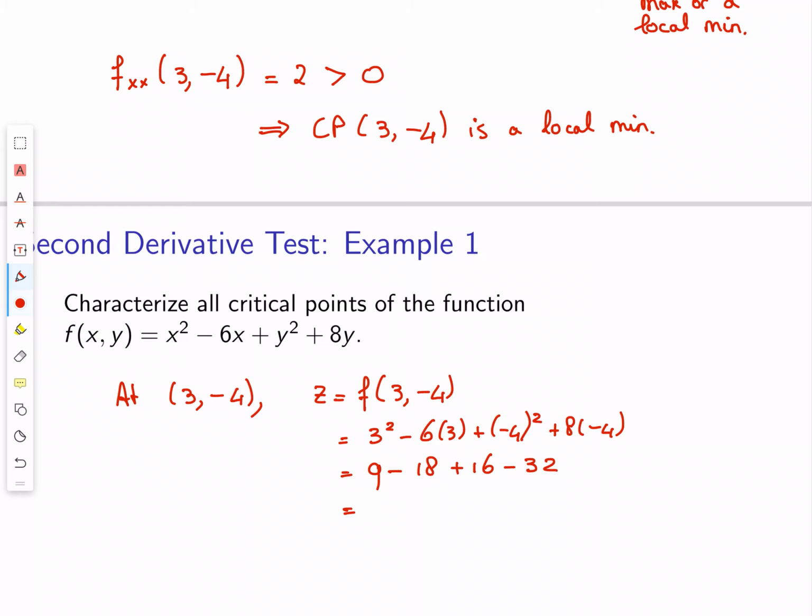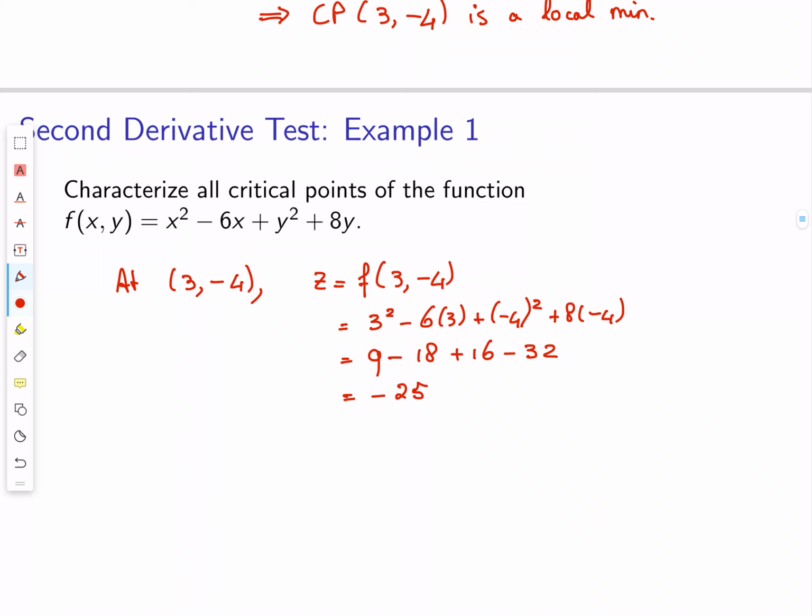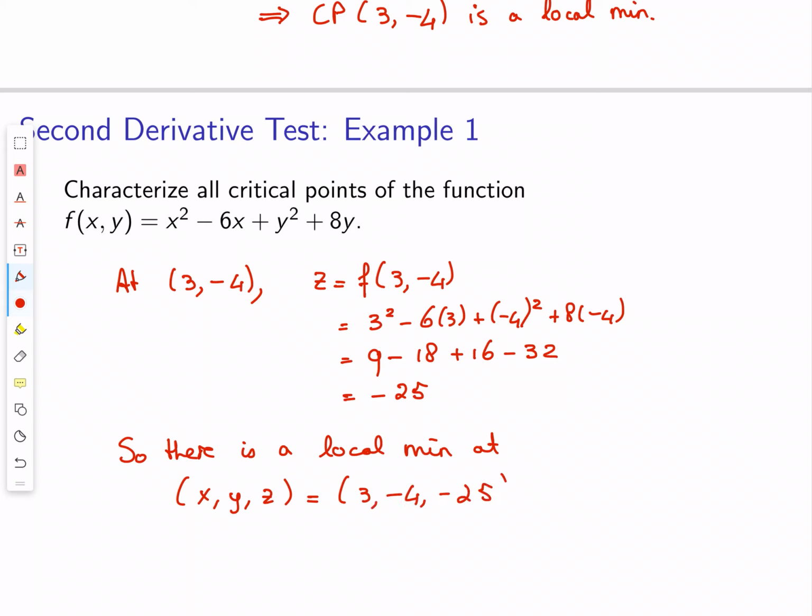And when you work that out, it ends up being -25. So there is a local min at the triplet xyz equal to (3, -4, -25).